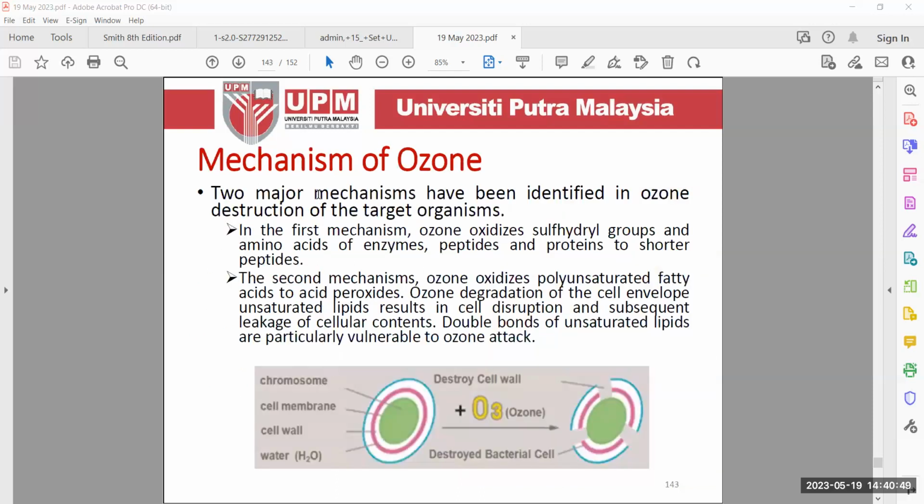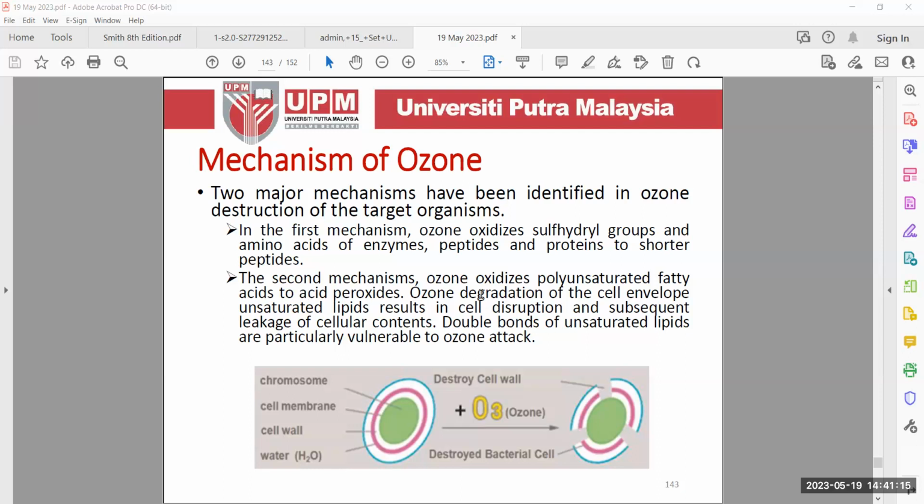Two major mechanisms have been identified. The first mechanism is that ozone will oxidize the sulfonyl groups and amino acids of enzymes, peptides, and proteins to shorter peptides, basically leading to DNA destruction of the microorganism. Ozone will also oxidize the PUFA, the polyunsaturated fatty acids, to acid peroxide.